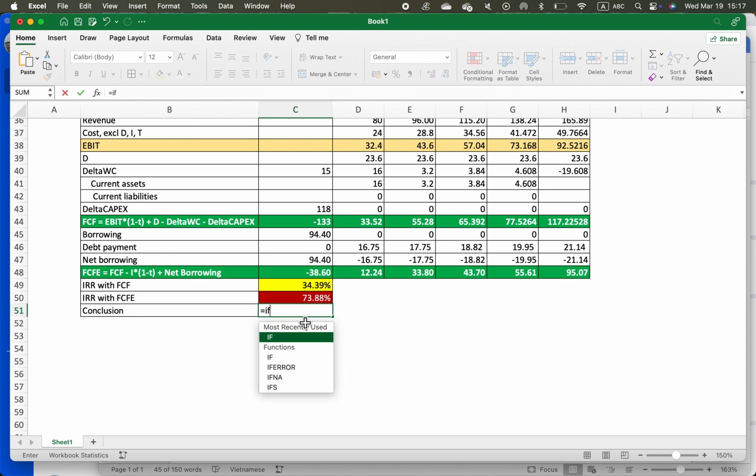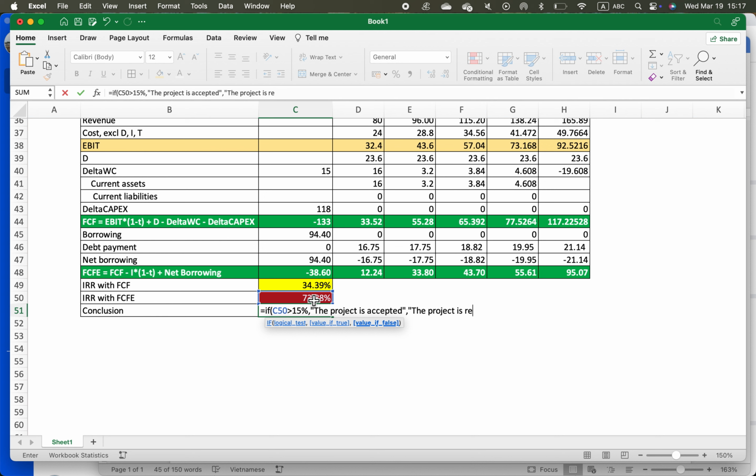If this one is bigger than 15%, then the project is accepted, right? And if it's not, the project is rejected.